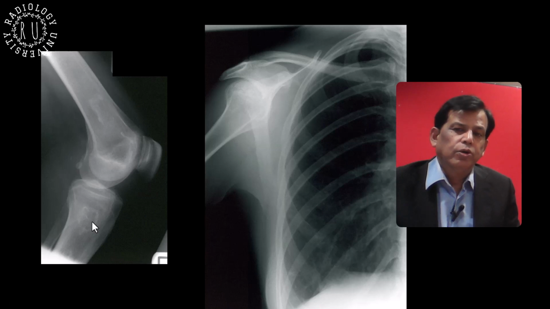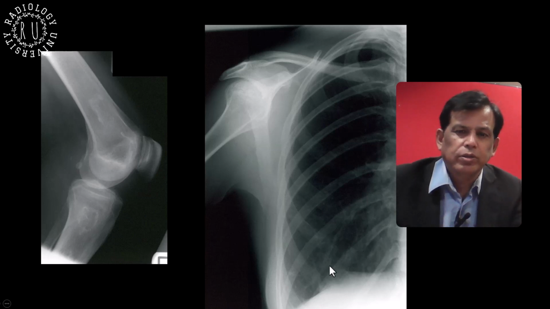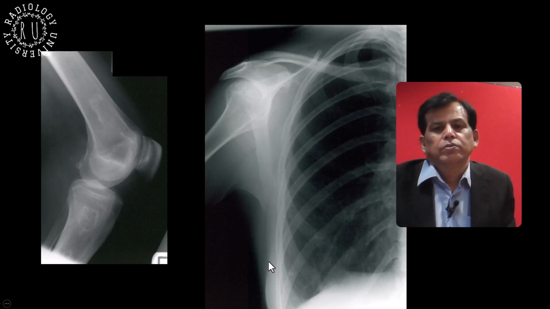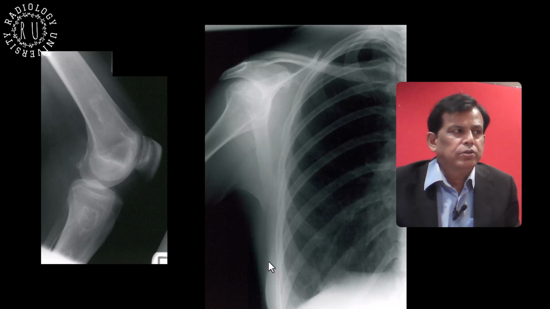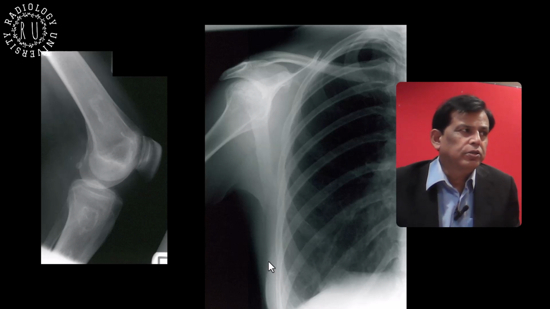Okay. What about the lungs? Can you see anything in the lower zone? It's not a great view. What are these things? There is traction bronchiectasis with ring shadows.